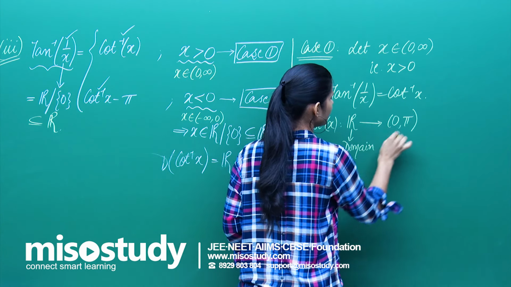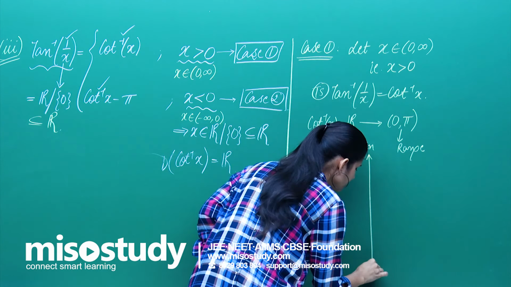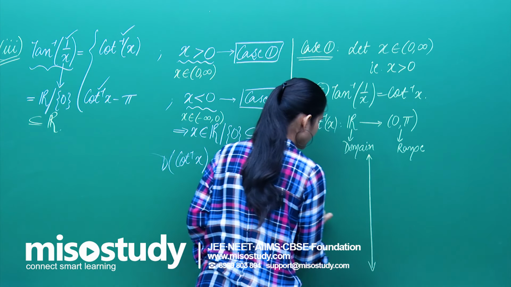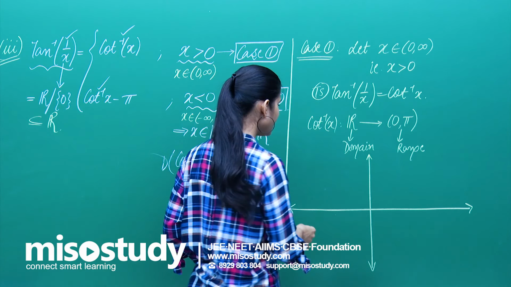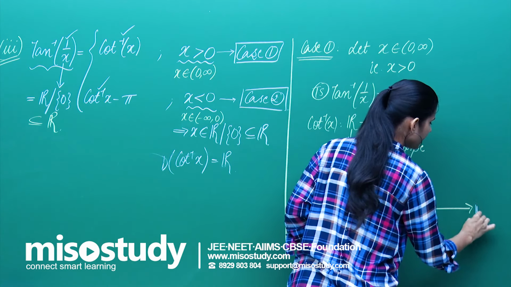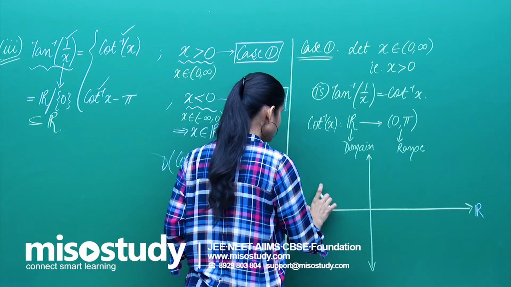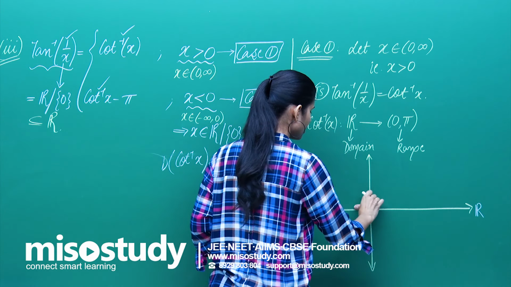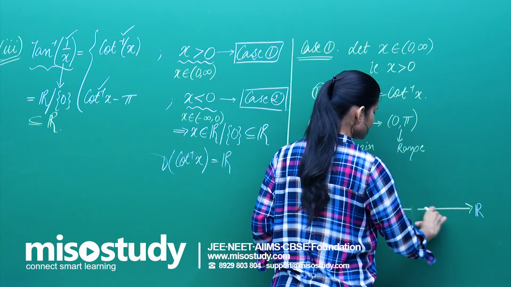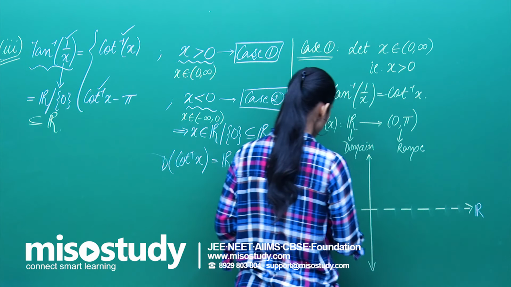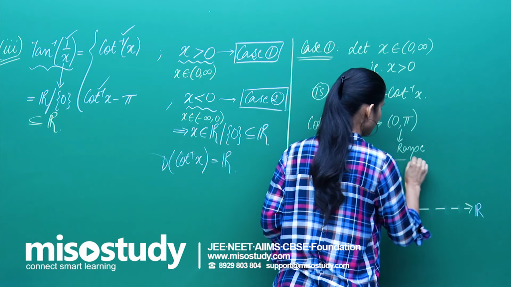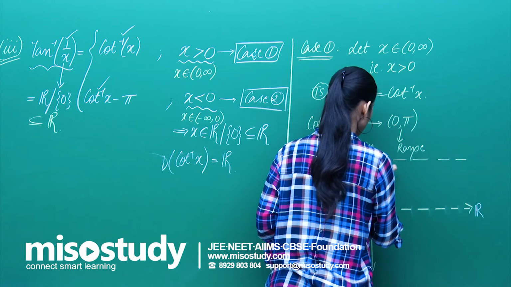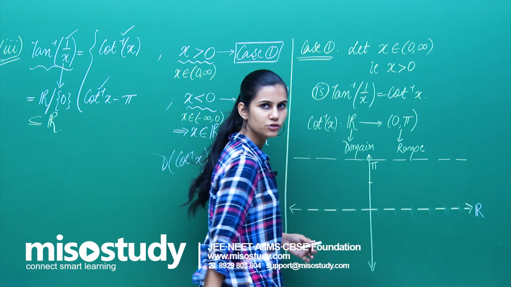What about the graph of cot inverse? As it is written on the board, it is from the collection of all reals to 0 comma pi. So the collection of all reals is the domain, and 0 to pi is the range, with 0 open. If I make this line dotted, and there is this line that is pi, which is also dotted because pi is not included, and here somewhere is pi by 2.